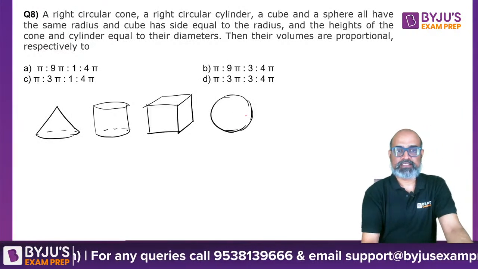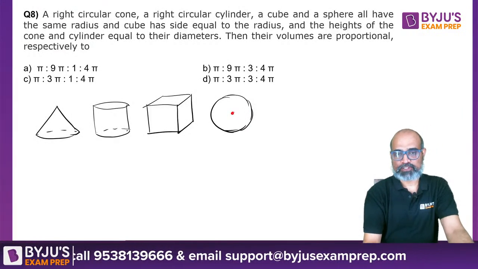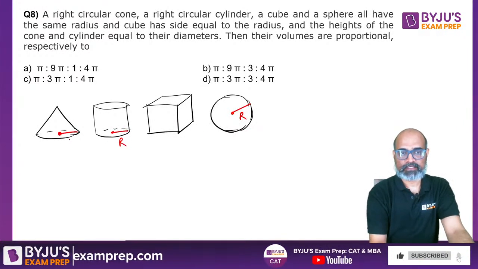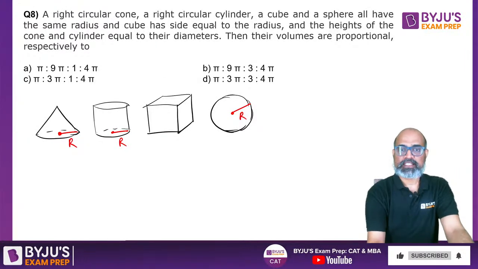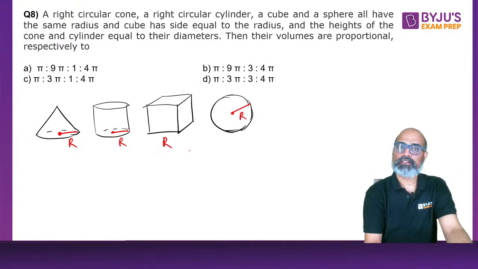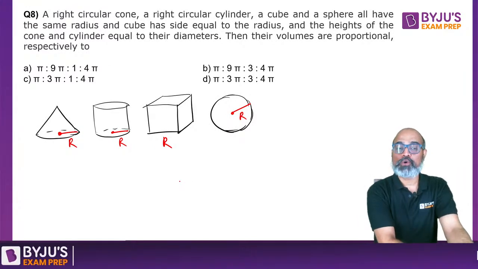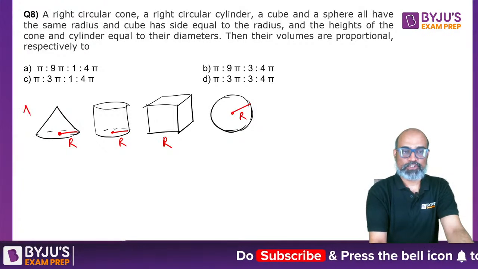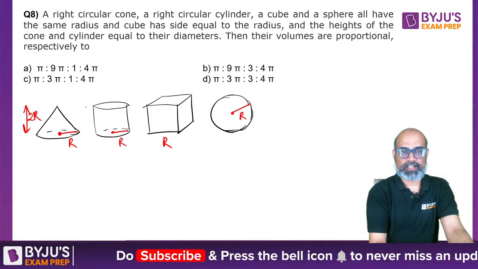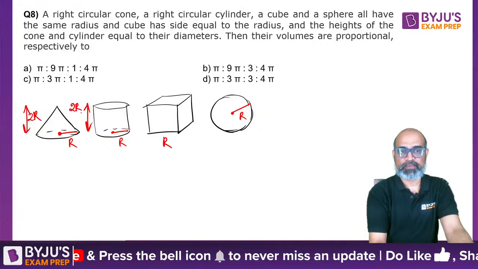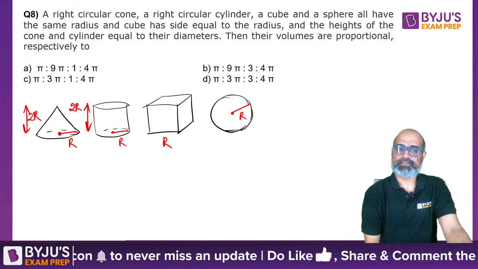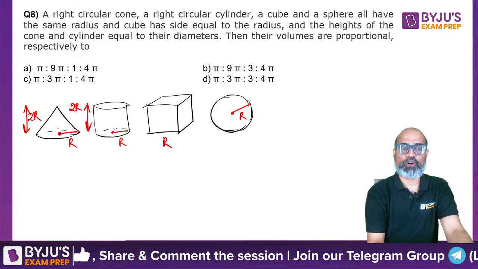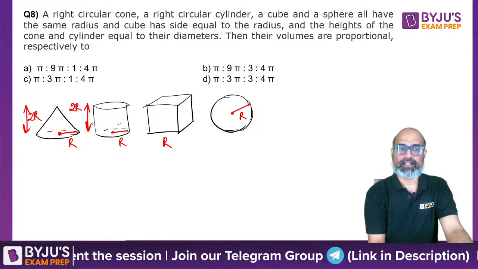The given part is they all have the same radius. So let's say this is the radius, this is the radius. The cube has side equal to the radius, so this is also R. And the heights of the cone and the cylinder are equal to the diameters. So height of the cone is equal to the diameter, height of the cylinder is equal to the diameter, nothing else is required. Then volumes we need to calculate.